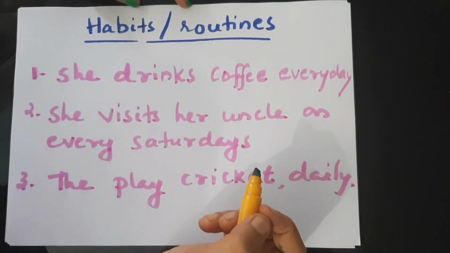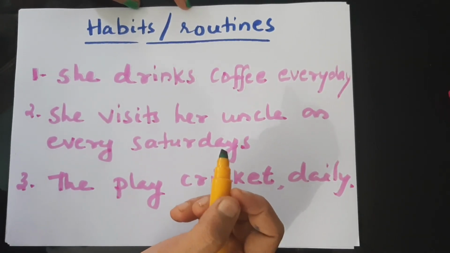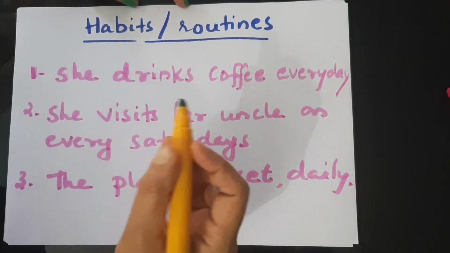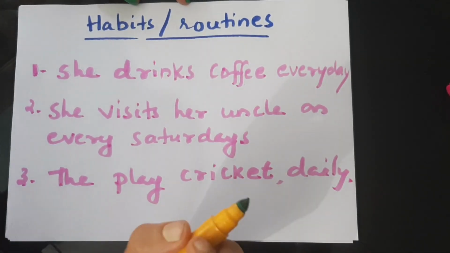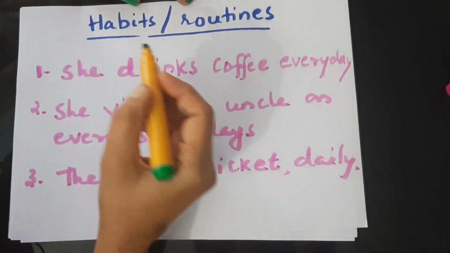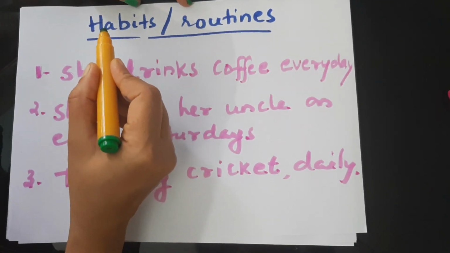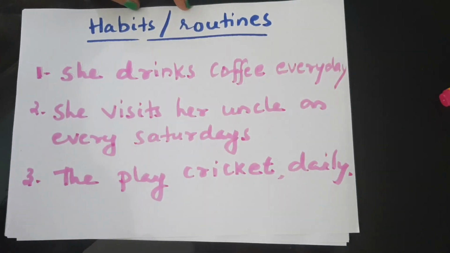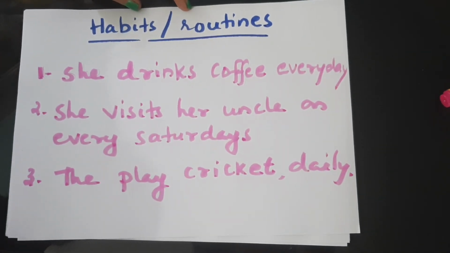Now let's discuss where the simple present tense has been used. Okay, the context in which the simple present tense is used. See, to show habits and routines, you can use simple present tense.